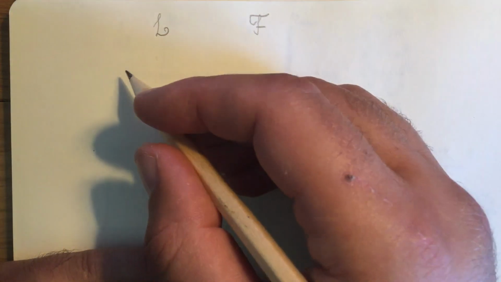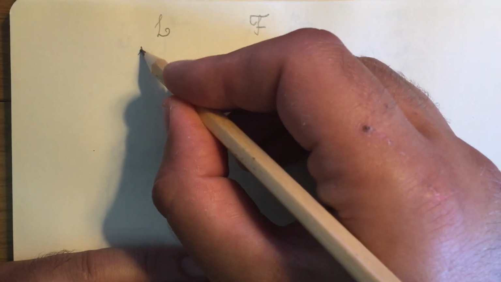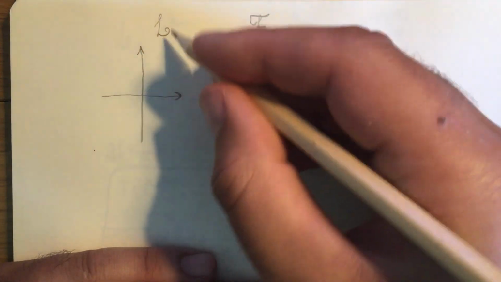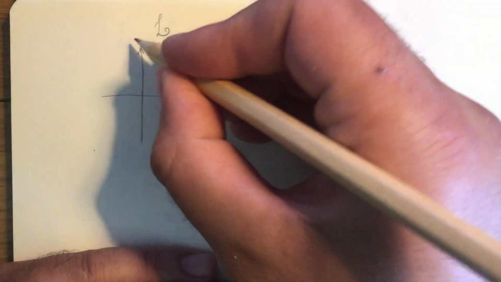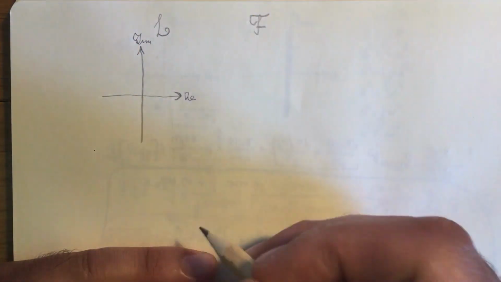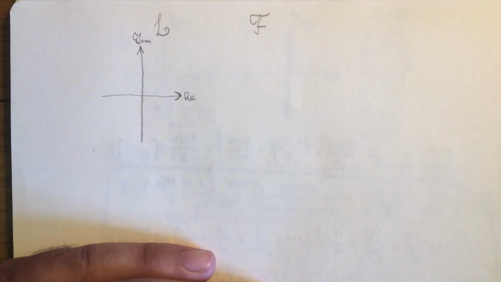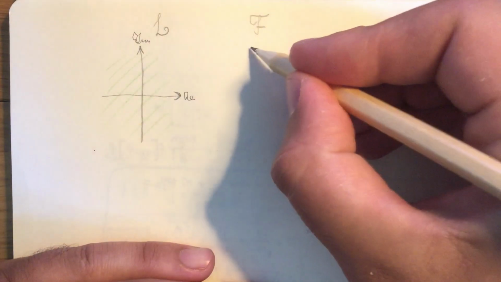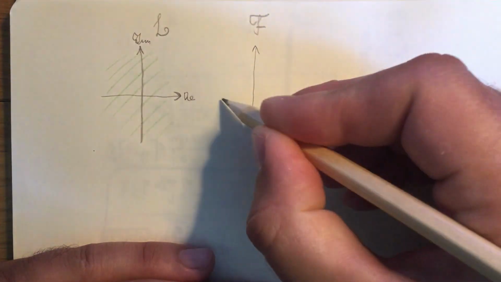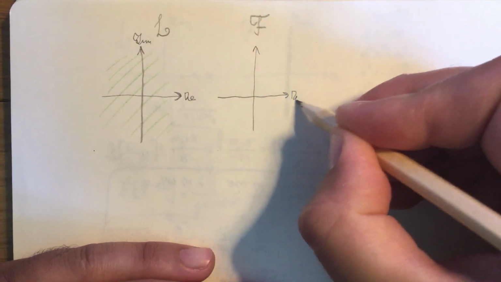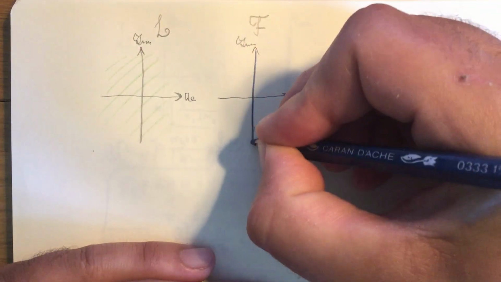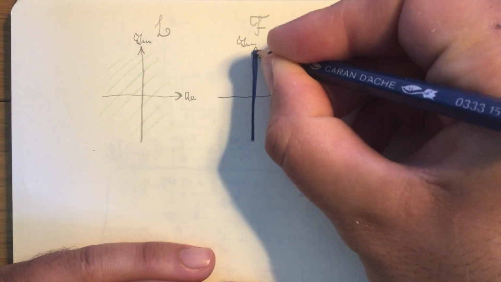We will conclude this first class of our primer by taking a look at how we can pass from the Laplace transform, which, as you remember, has a complex variable that can be any complex number, to the Fourier transform, which, as you remember, has a complex variable which is on the imaginary axis.